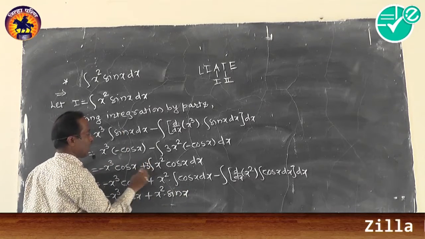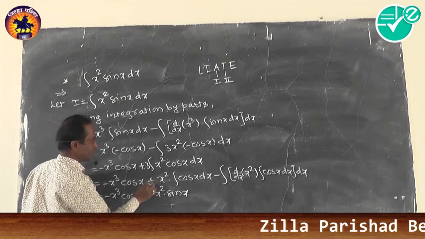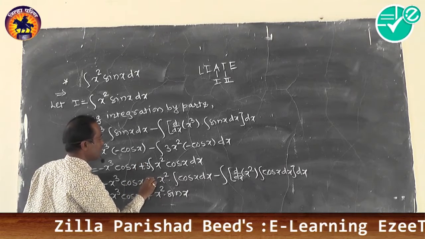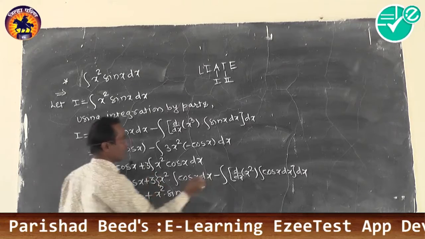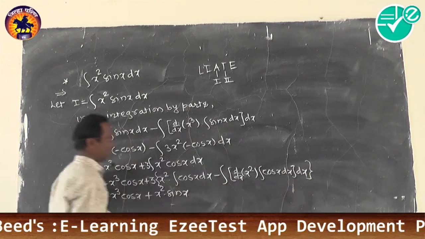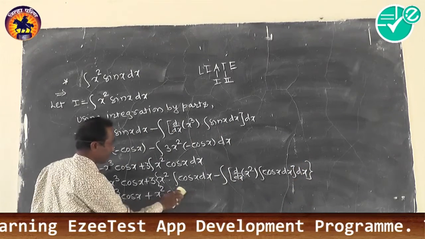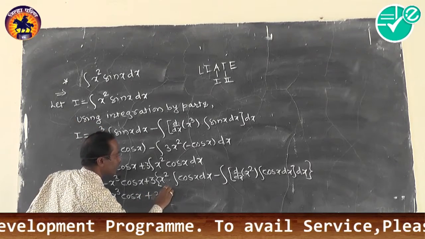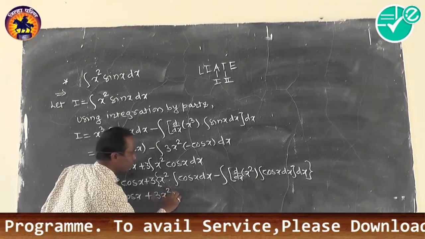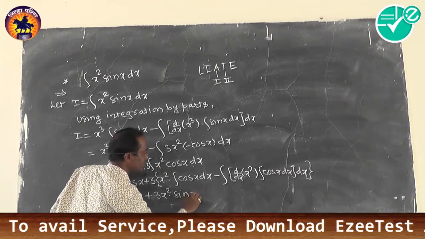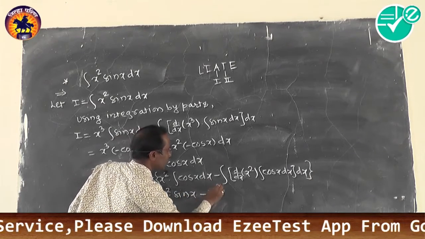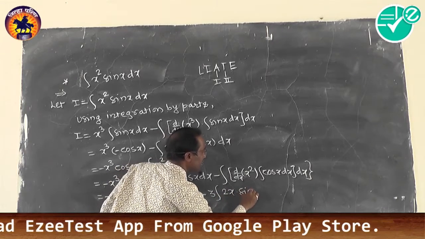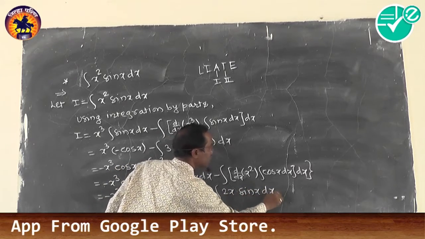3 taking outside here as a constant, plus 3 into, we get here 3x square into integral of cos x is sin x, minus 3 into integral of 2x into sin x dx.